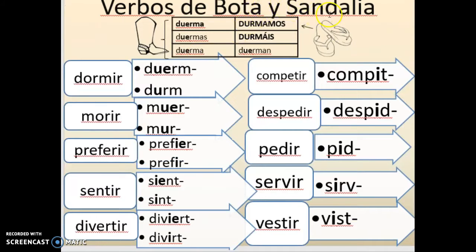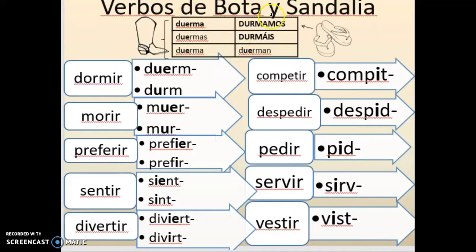Los verbos de bota y sandalia, the sandals: dormir, pedir, divertir. Remember, we have several of them that are popular, hint, hint, and that we use a lot. Example, O to UE, E to IE.